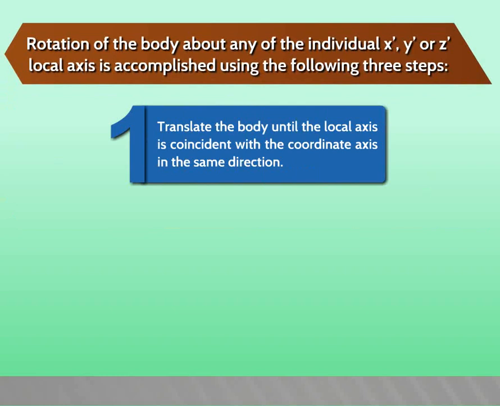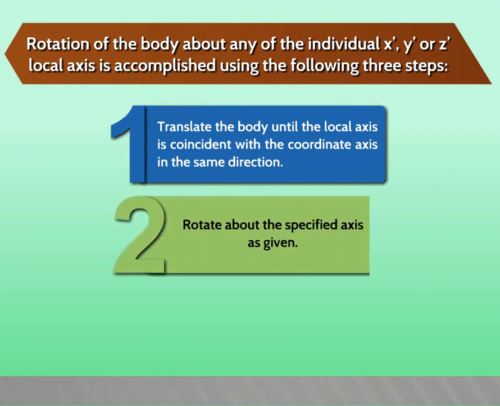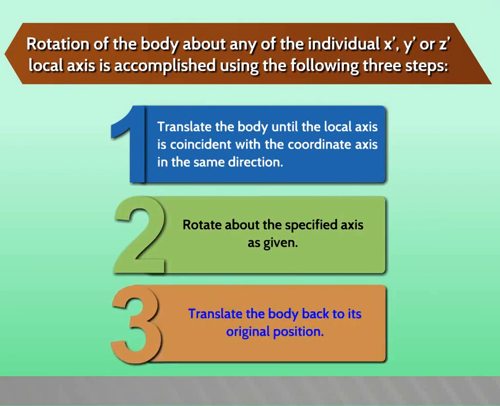Translate the body until the local axis is coincident with the coordinate axis in the same direction. Rotate about the specified axis as given. Translate the body back to its original position.